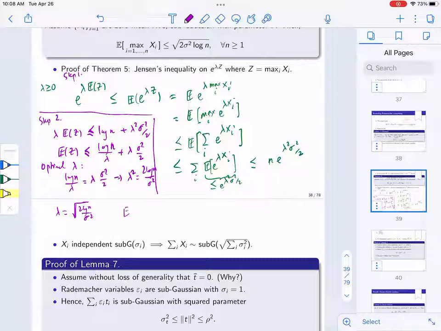And the two terms are equal by construction. So I get twice log n divided by root log n over 2 sigma squared. Let's see if it works. So I get 2 root 2 sigma squared log n. Did I have an extra 2 here?